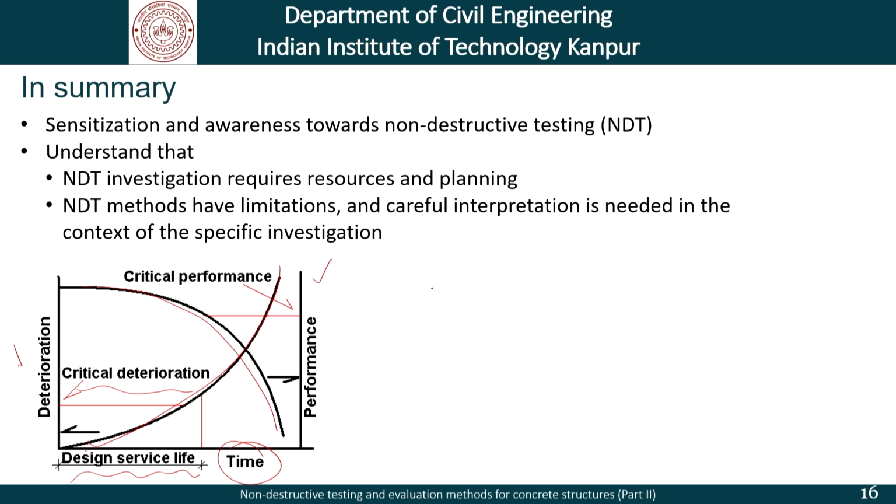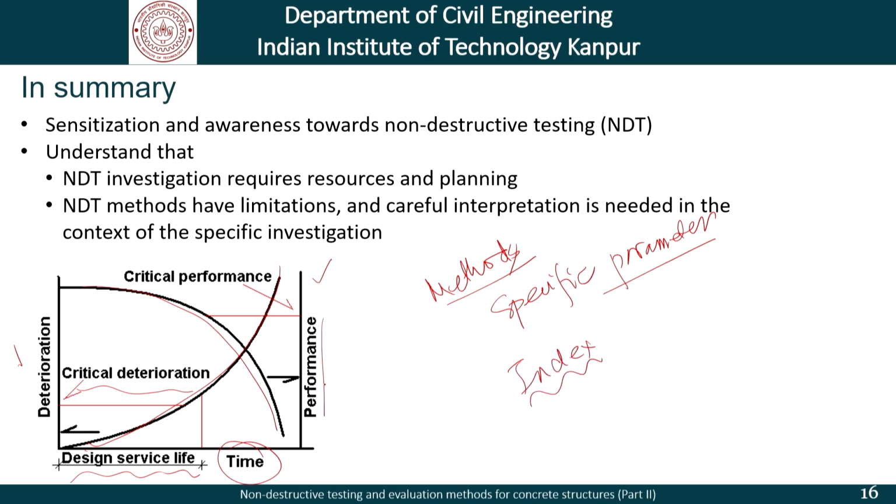We have so many methods to get information about specific parameters, whether it was the strength of concrete, whether it was cracking in concrete, whether it is the natural potential, and so on and so forth. It requires engineering judgment to be able to come up with a specific index that can be related to performance or that can be related to deterioration.